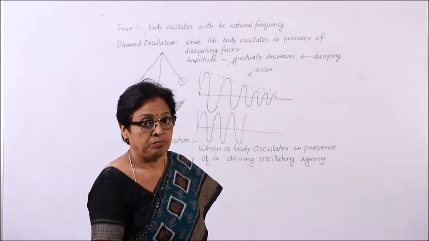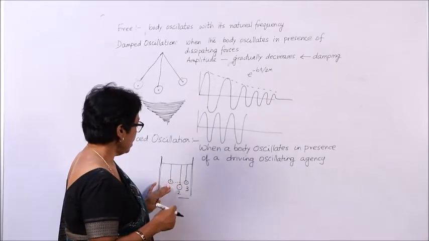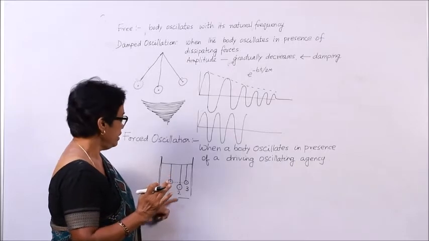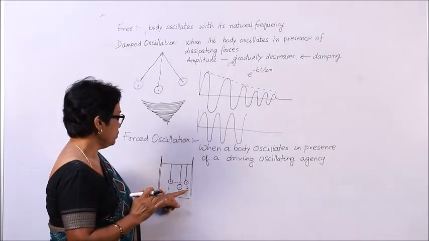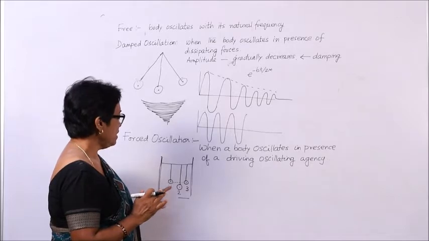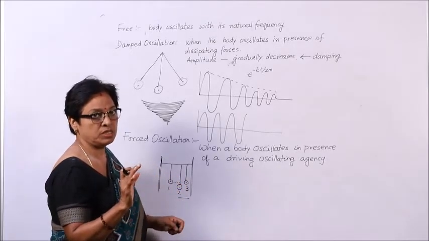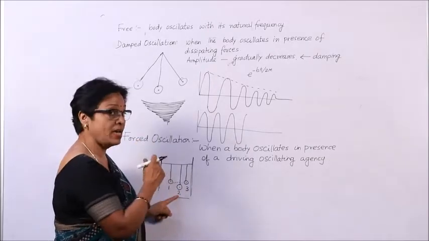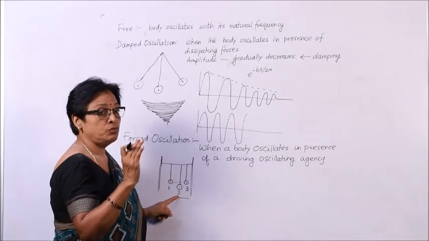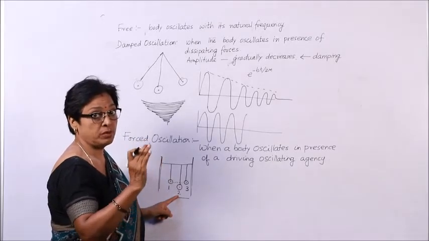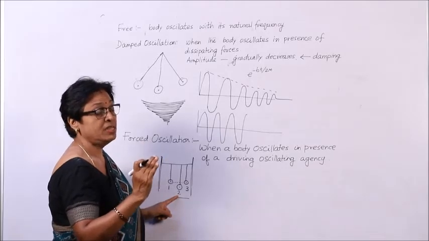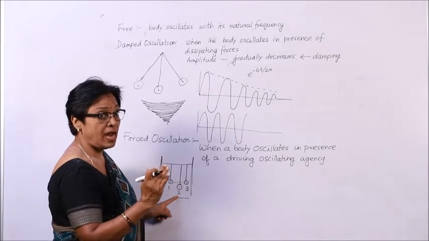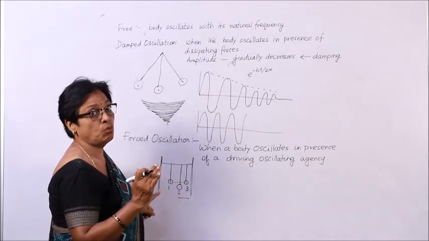Now, if I oscillate 1, after some time you will see that 3 continues to move with the same frequency. 2's frequency will be different because its length is different, but initially it was oscillating with its own frequency, and gradually that will decrease and die out and it will start oscillating with the frequency of 1.